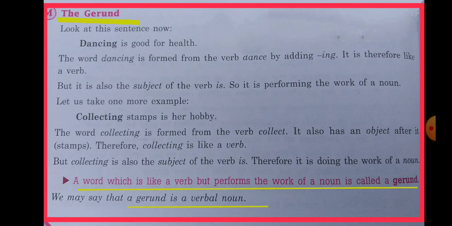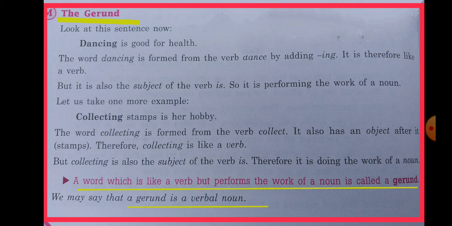Now the last one, that is the gerund. A gerund is also the ing form of the verb, but it doesn't work like an adjective in the sentence, rather it works like a noun. How? Like, "Dancing is good for health." Here dancing is the ing form of the verb, but it is not performing any action, so it is not working like a verb.